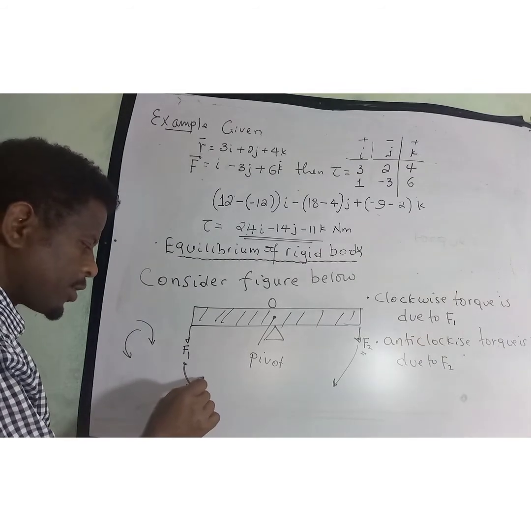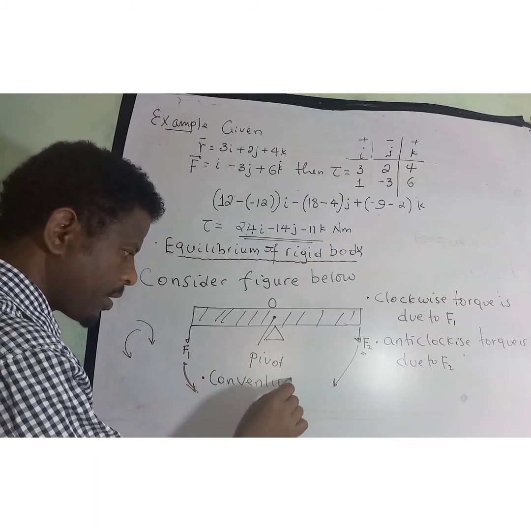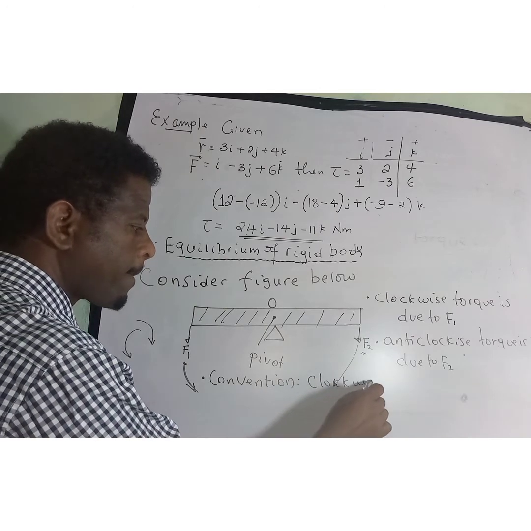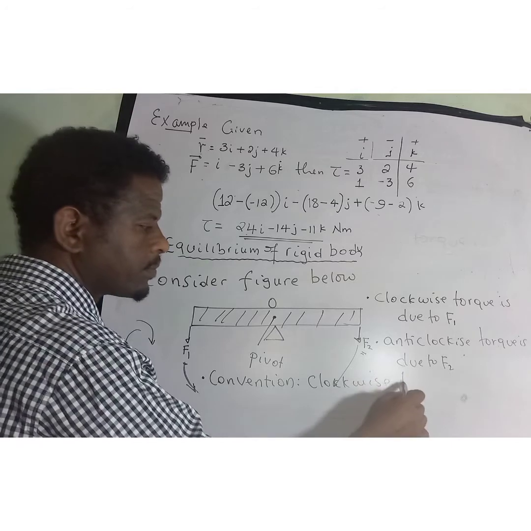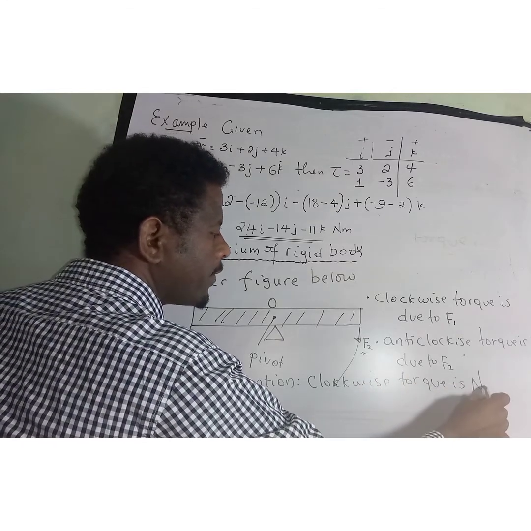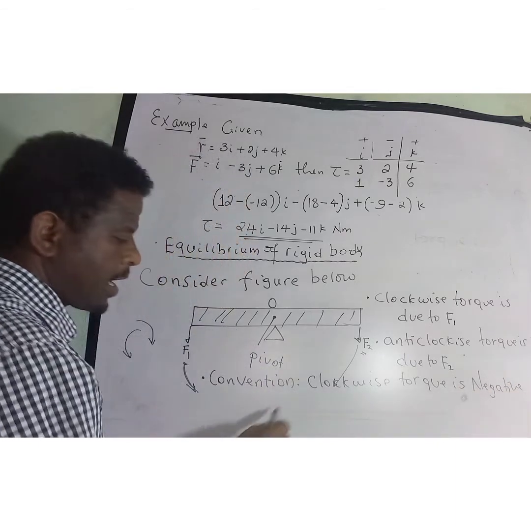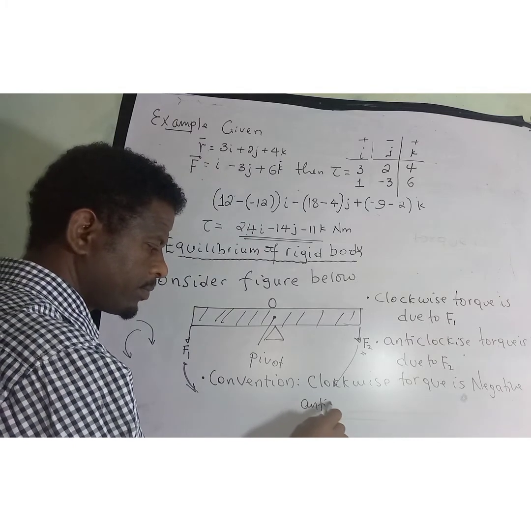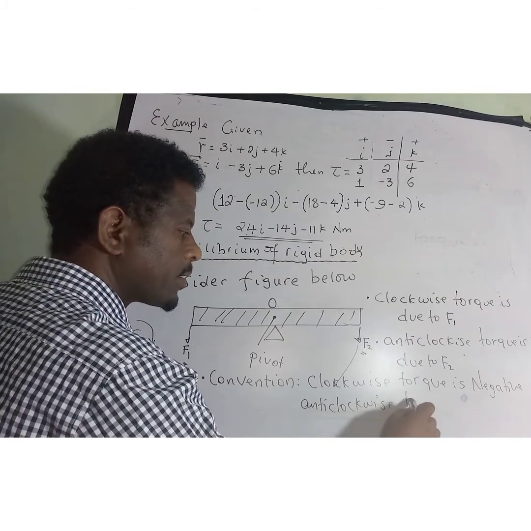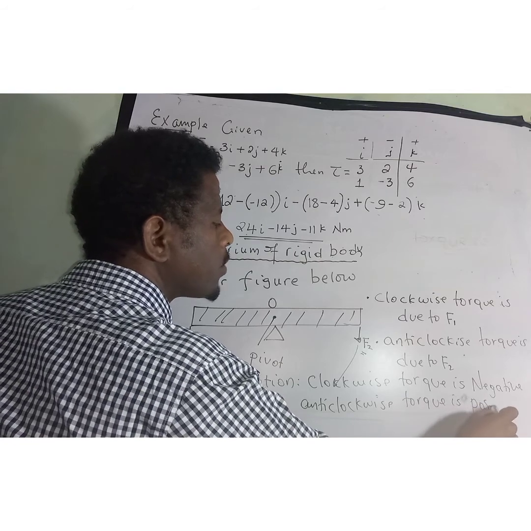Here the convention: clockwise torque is negative, and anti-clockwise torque is taken as positive.